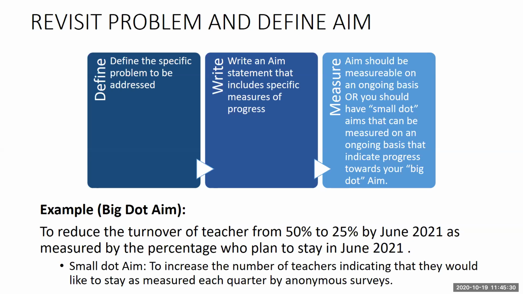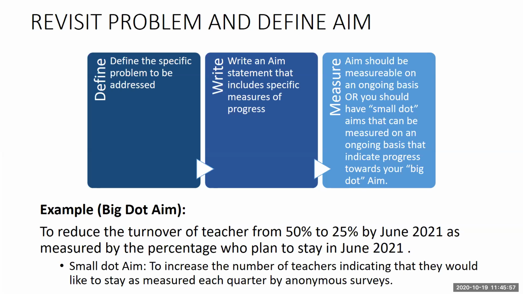And one thing to keep in mind that's really important is you still have a problem statement. But your aim is a little bit different in that it's the goal you're trying to get to when you solve that problem. And so your problem may still be turnover, but you might write an aim statement that's looking at some other piece of data that's relevant to turnover.